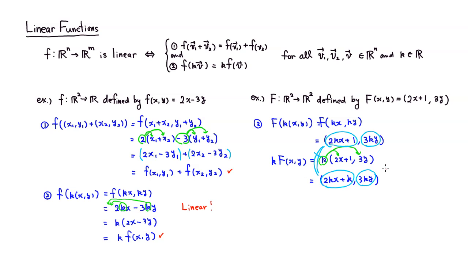So it actually fails the second condition already, so we know that this one is non-linear. So the second example looks like it's linear, but if you check it, it's not a linear function.